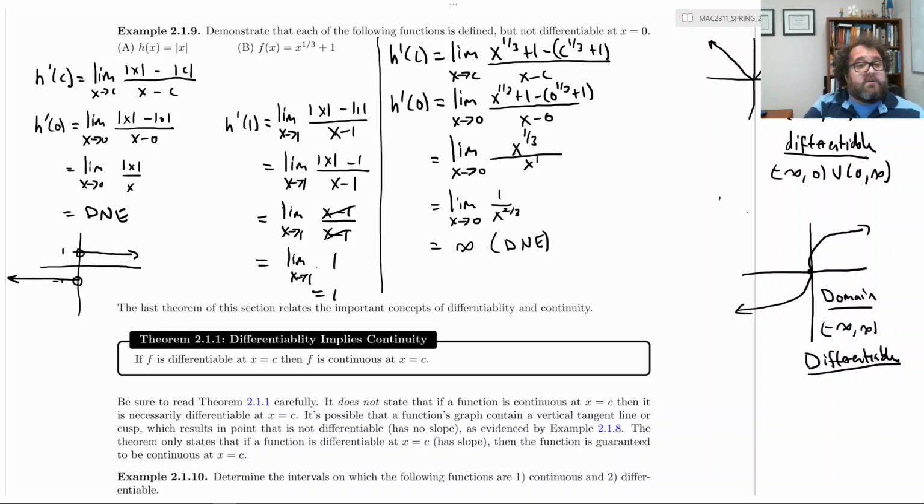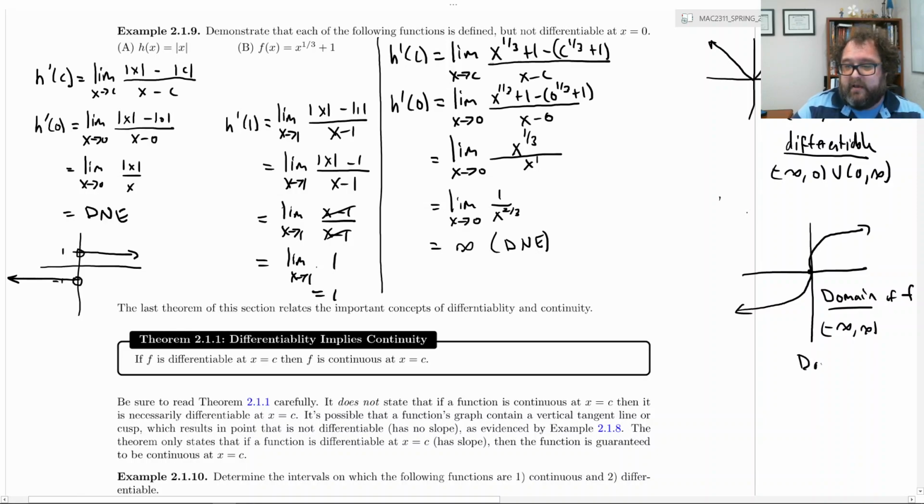Now, it turns out we can do a similar kind of thing as we did in example A here. That is, there's not going to be a problem if we look at h prime of 1 or h prime of 10 or h prime of any number except for 0. 0 was the only problem because this function has a vertical tangent line at 0. So let's say the domain of f is all real numbers.